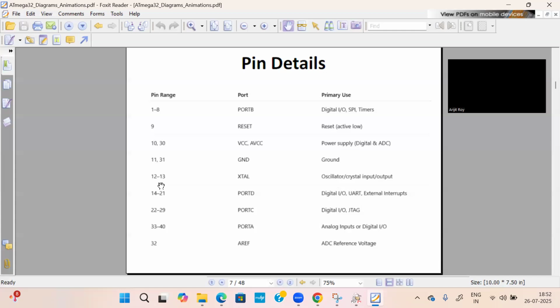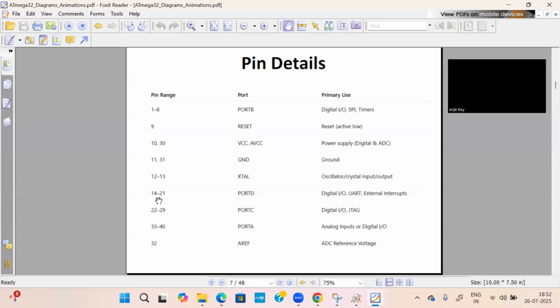Same as the 8086 microprocessor and 8051 microcontroller, these oscillators are needed. This is for input if I want to give the input clock, and also if I want to get the clock signal. So pin numbers 12 to 13 are used as the oscillator, or crystal input output pin.